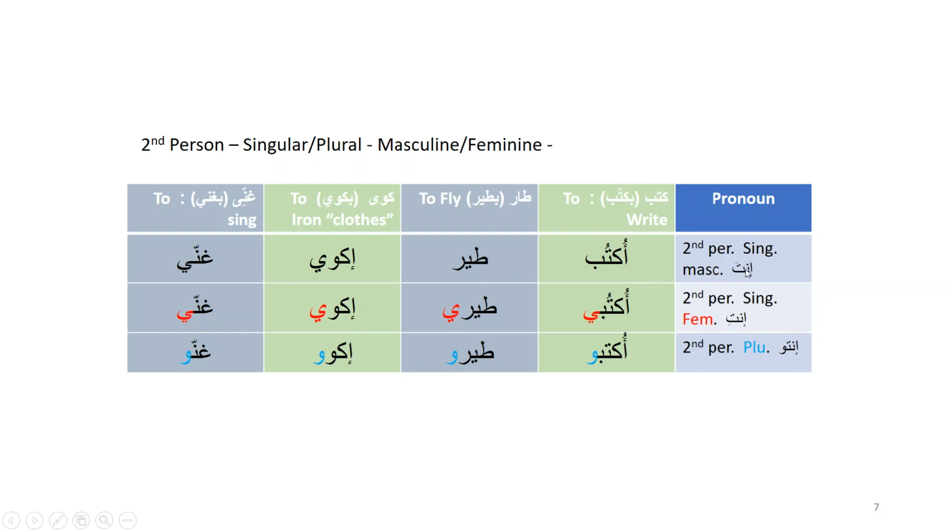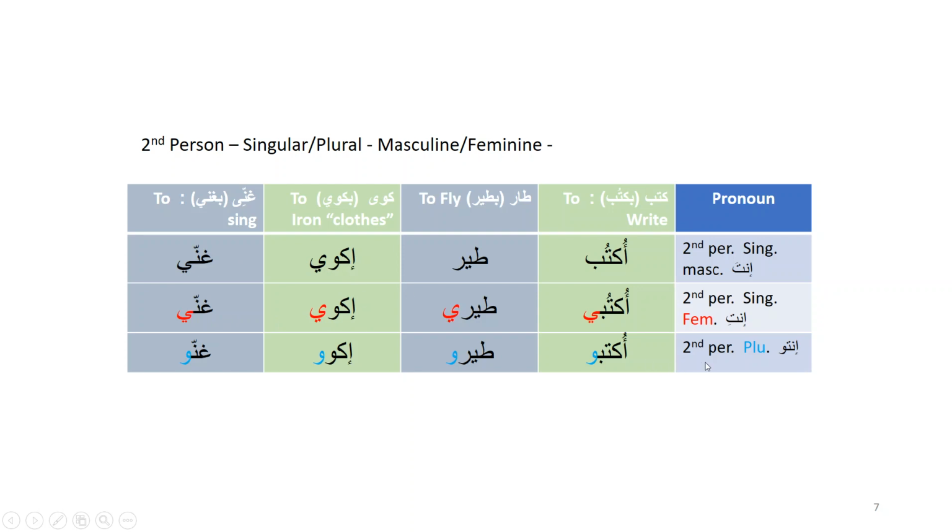However, if you are speaking to a second person singular feminine, we need to insert a ya at the end of the masculine form, like اكتب, اكتبي, طير, طيري, اكوي, اكوي, غني, غني. And here you see there is actually no difference because it's already ya.